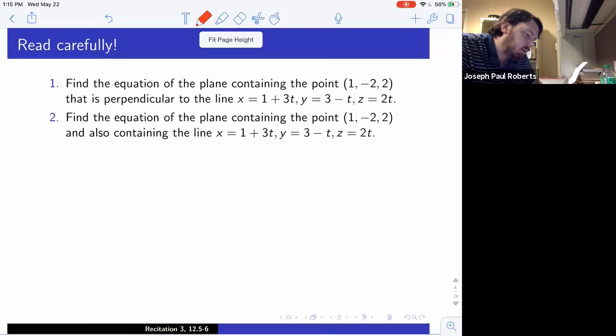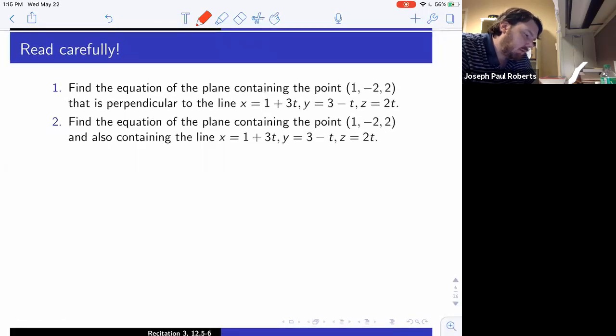Okay, and then the next thing I want to go over is just the importance of reading carefully. Let's take a look at these two examples. For both of them, we're asking about the equation of a plane containing some point, and then there's also this line that's somehow involved.